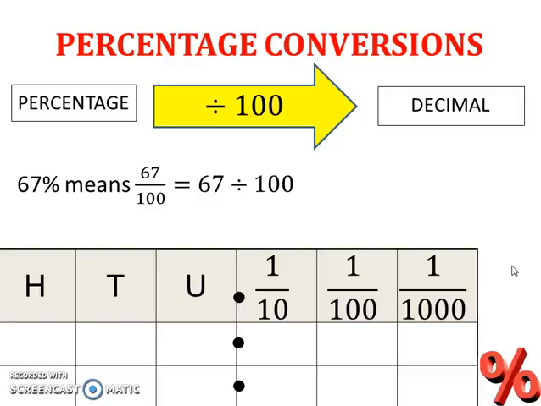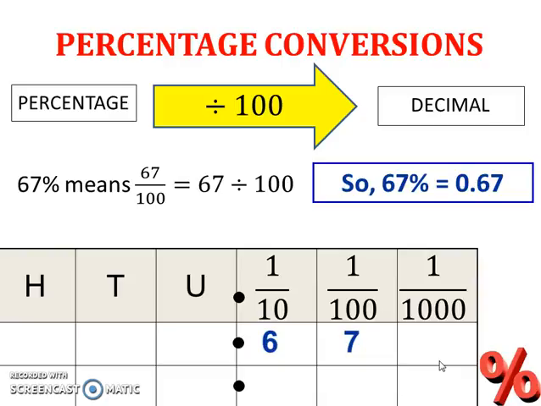So probably the easiest way of thinking about this is having our hundreds, tens, units, tenths, hundredths, thousandths column like that, and thinking about, well, if I've got 67%, basically you can either think of it as moving the decimal point over 2 places, or you're moving the numbers back 2 places. So that's how you do your division of 100. So I would then say that 67% is 0.67. So you've 2 zeros, means moving them over 2 places.